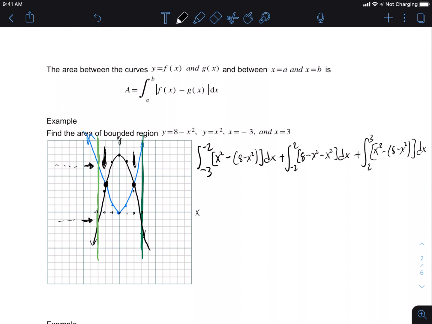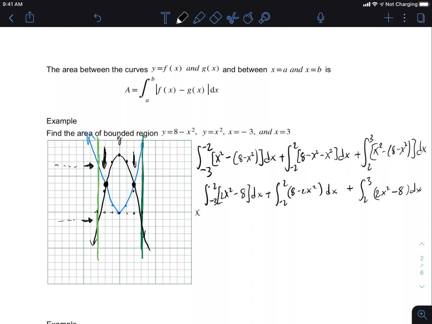All right, so let's do this. We're going to get the integral of 2x squared minus 8 dx, plus, what's that going to be? 8 minus 2x squared, plus 2x squared minus 8 dx.